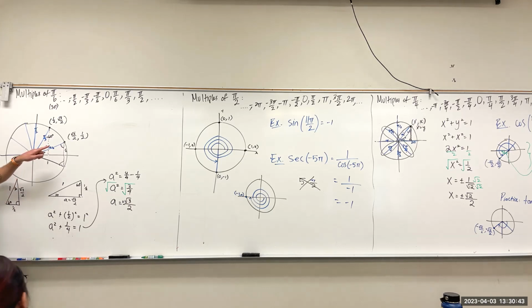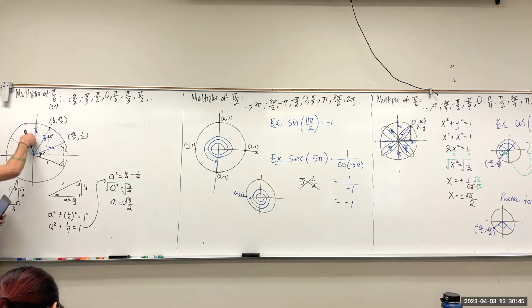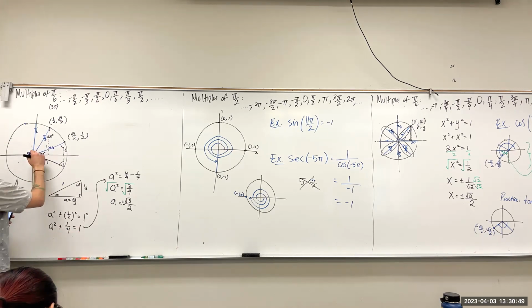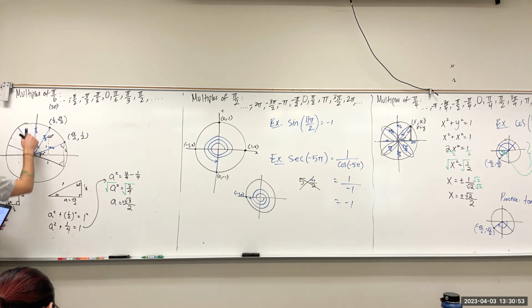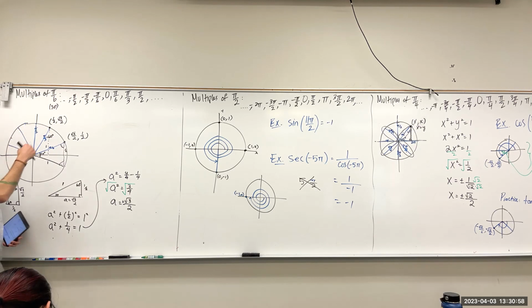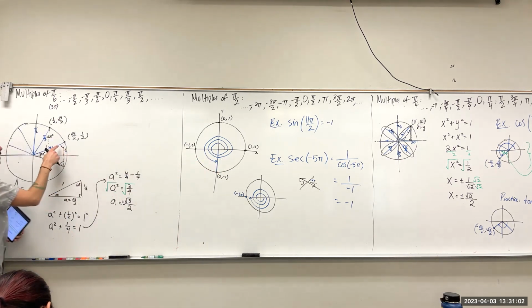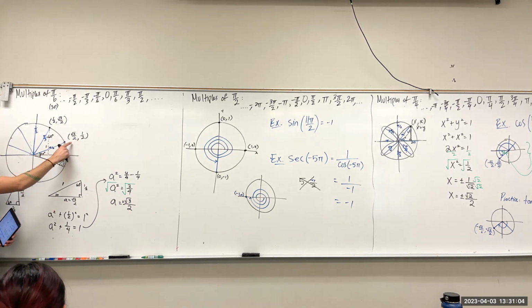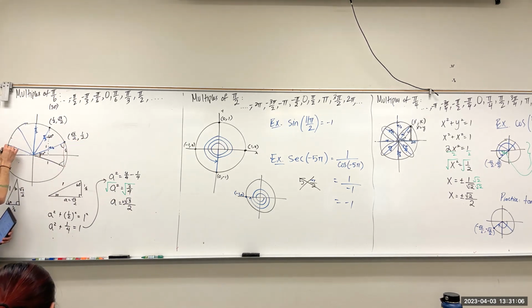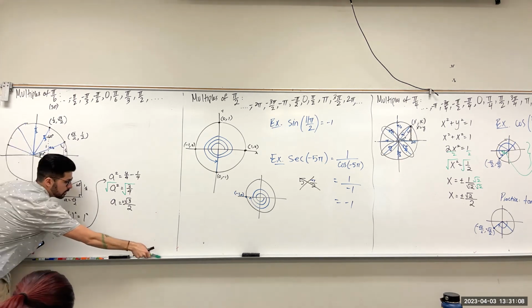And so for these special angles right here, this is not very symmetrical, but it should be. Let me do it more symmetrical. This should look more like this. Okay. For these guys, the pi/2s, that's these points that you use. For the pi/6s, notice that this will have the same reference angle.